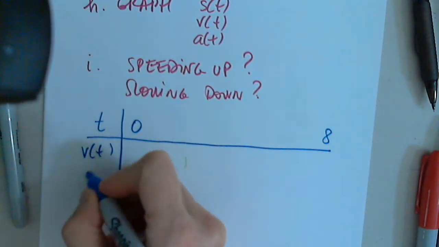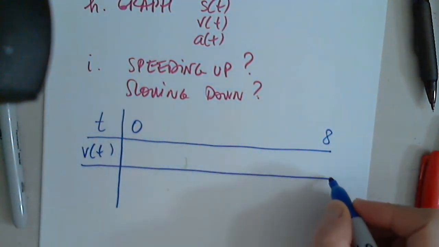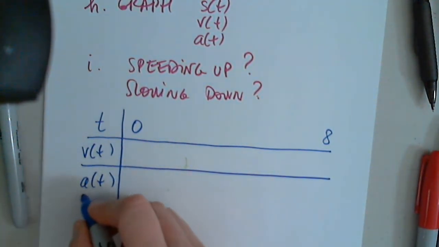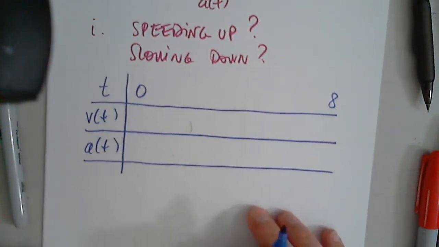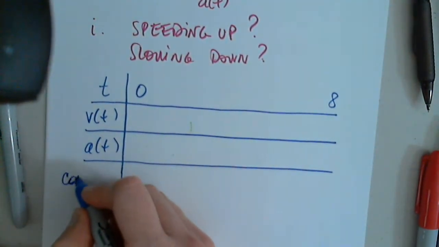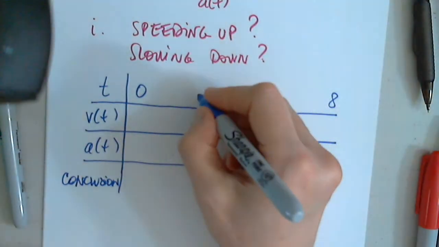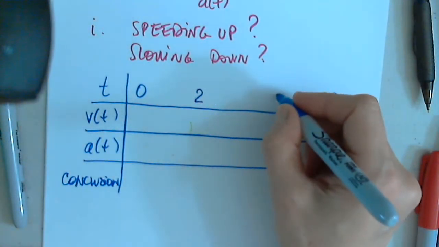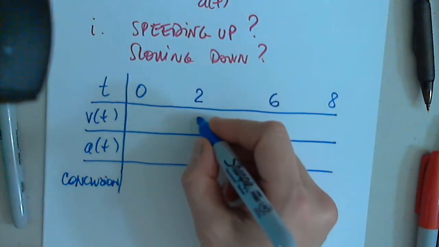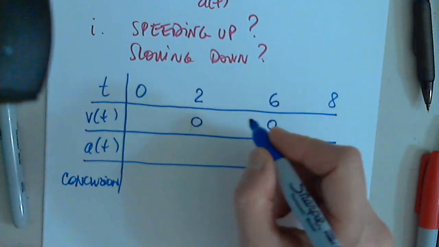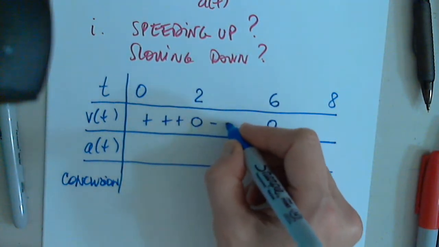Okay, so we have v of t, we have a of t, and we have the conclusion. We have 2, we have 6, we have 0, we have 0. You already told me this. This is carved in stone now.